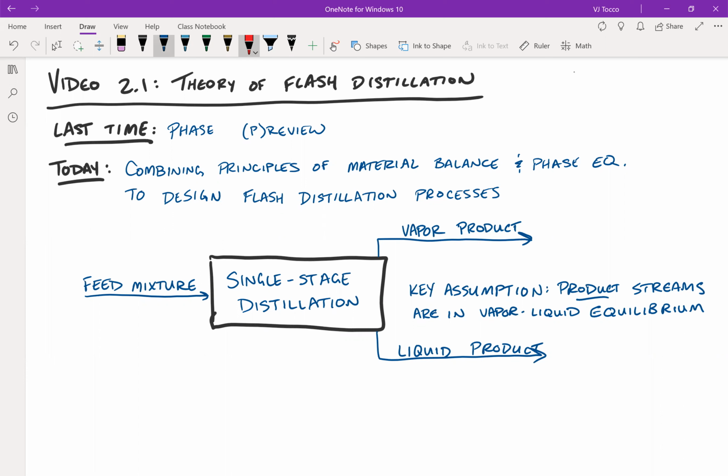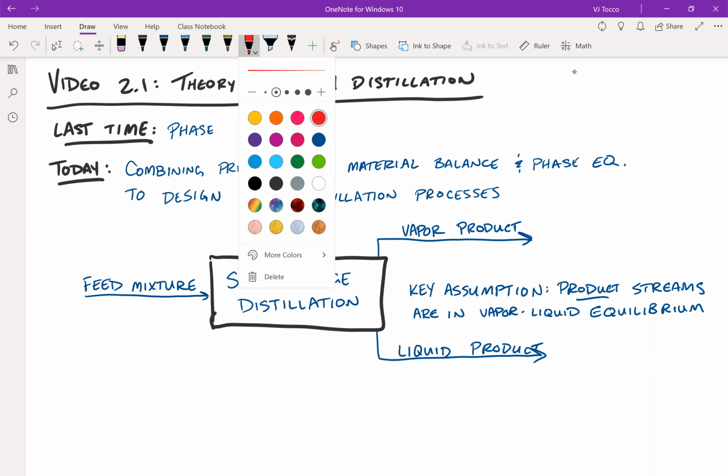So I'm going to start filling in this process flow diagram with some of the relevant process variables that we'll need.